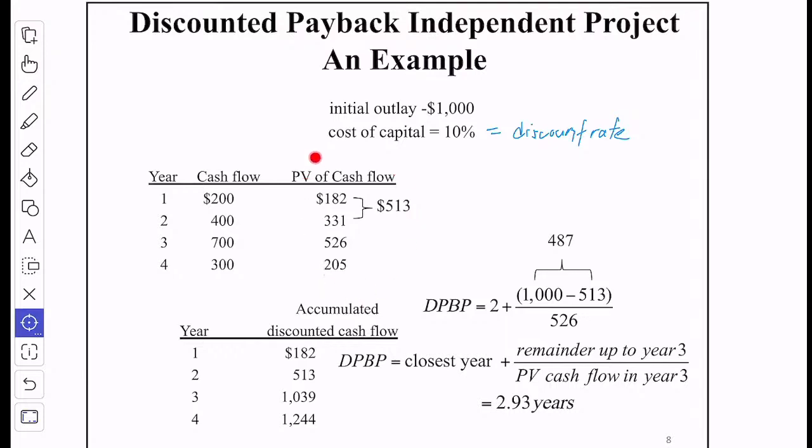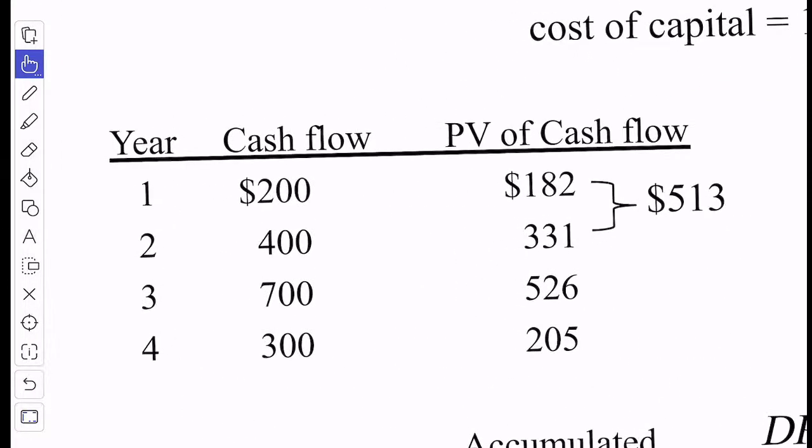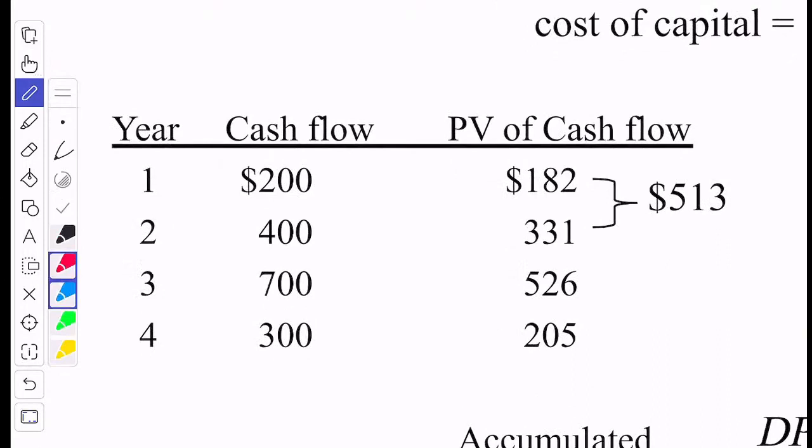We'd have to create this column. So these are discounted cash flows. Okay, so those are the discounted cash flows, and I create a column for them.